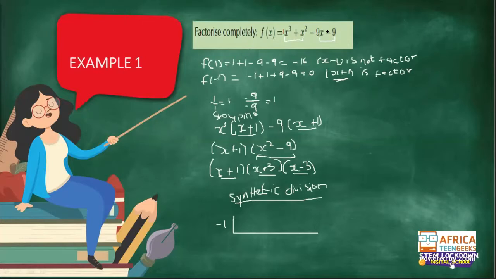The coefficients in this case will be 1, the second one is also +1, the third one is -9, and the fourth one is -9. So these are our coefficients: 1, 1, -9, and -9.